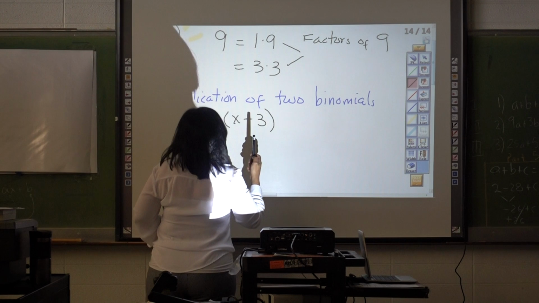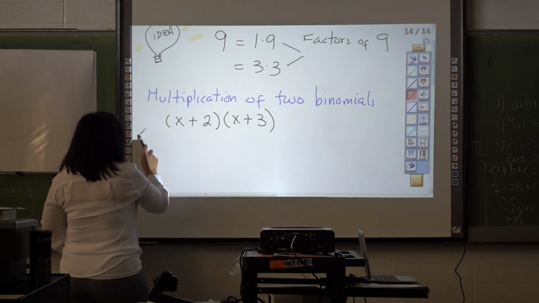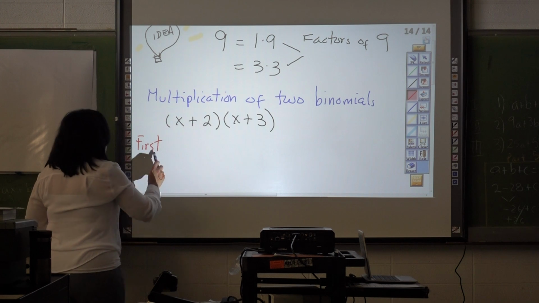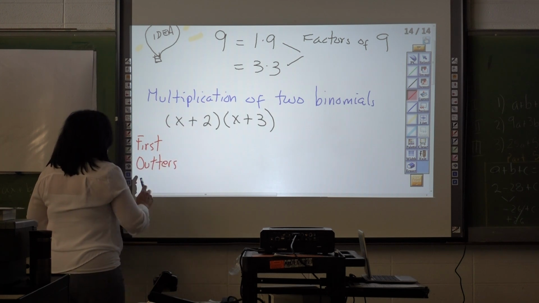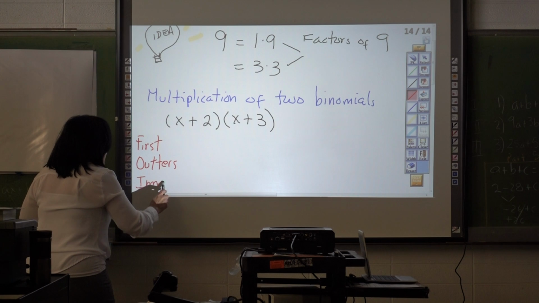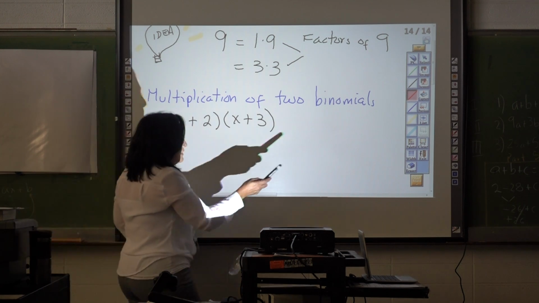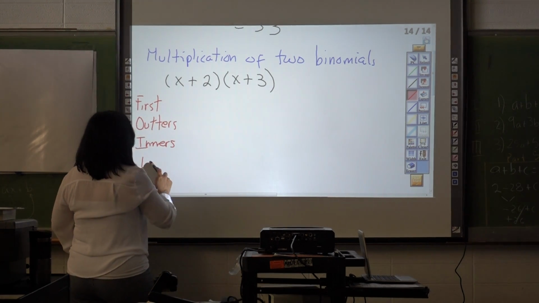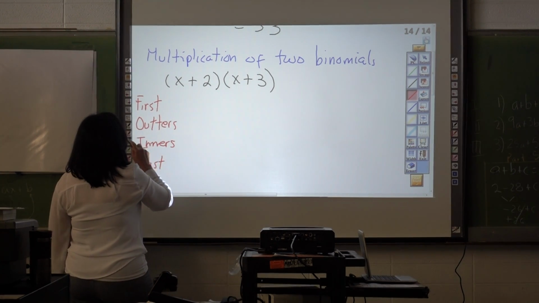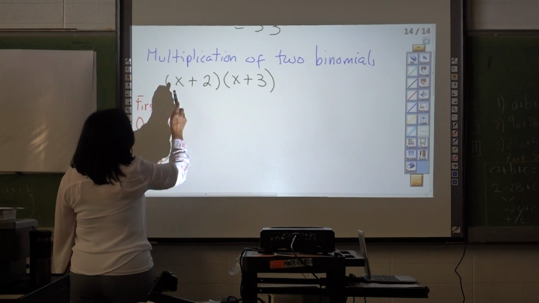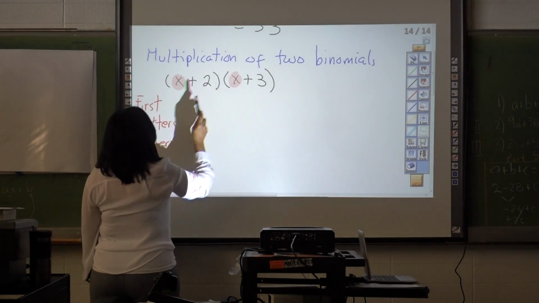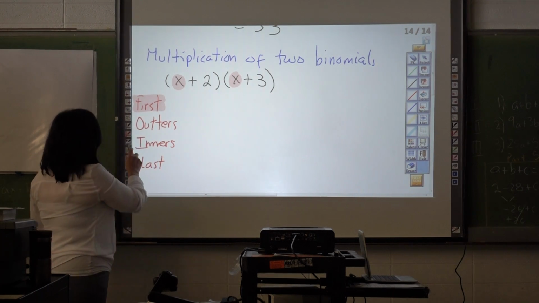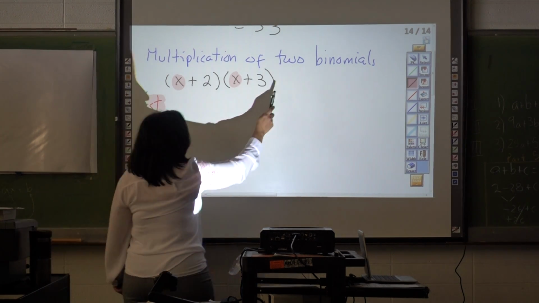Just to review this, it's something that you already know. FOIL means first, outers, inners, and last. For example, here the first ones will be these two, first with first, right? So x times x is x squared.